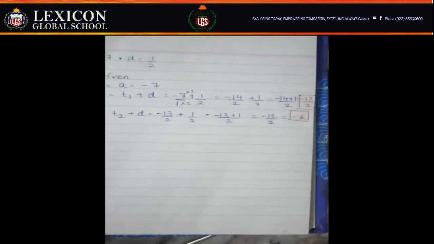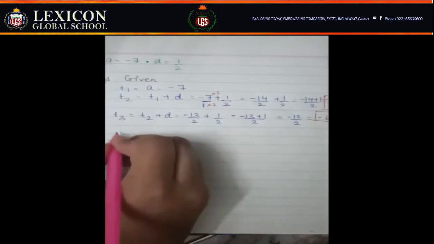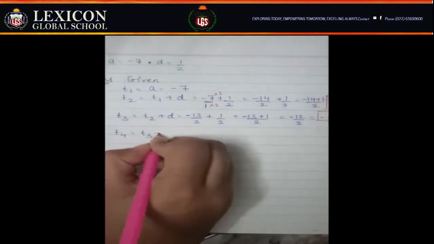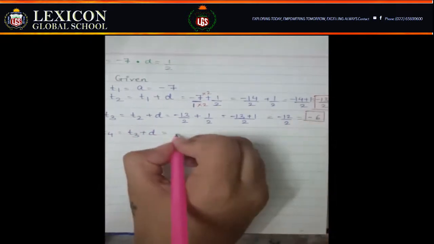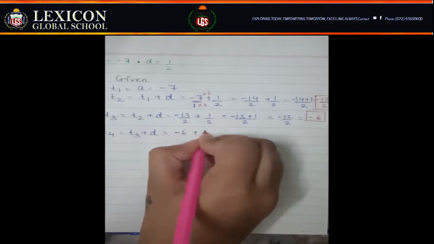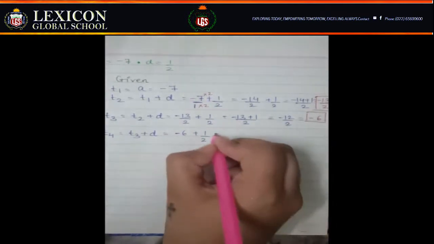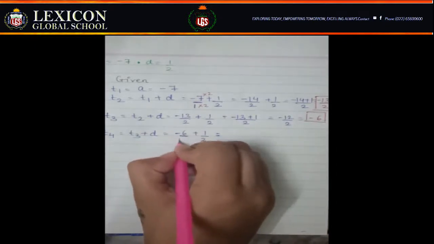Let's find out the fourth term. That is T4, that equals T3 plus D. What is your T3? Minus 6. Minus 6 plus D is 1 upon 2. You need to take out the LCM because 6 does not have a denominator. So you need to give the denominator 1 and take out the LCM.